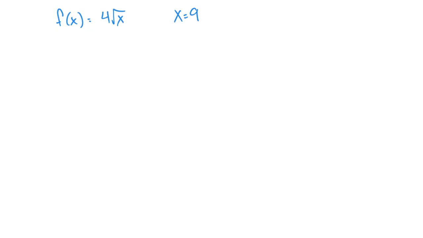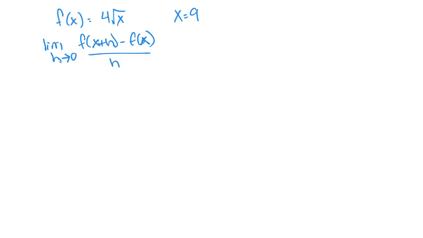So we are going to use the limit as h approaches 0 of f of x plus h minus f of x over h. Okay, so this is the derivative at that point. The derivative is also equal to the slope of the tangent line.